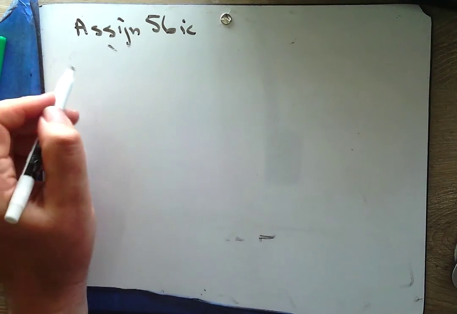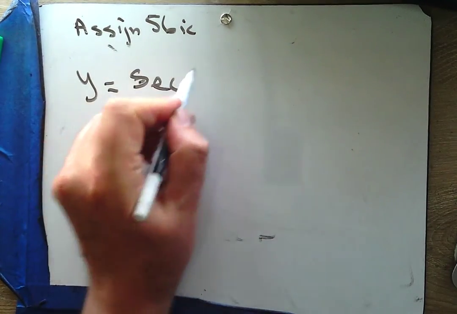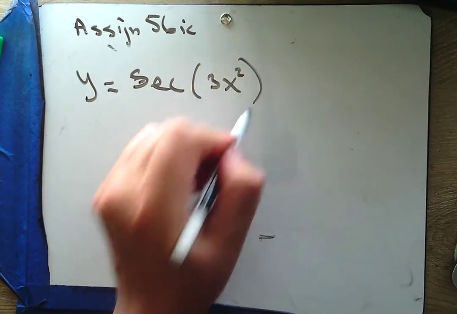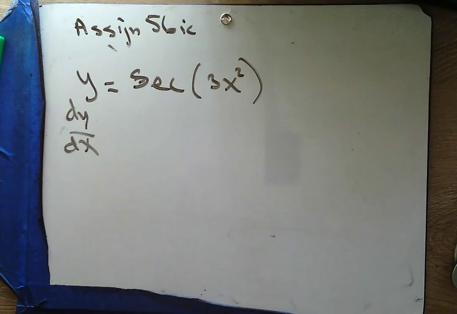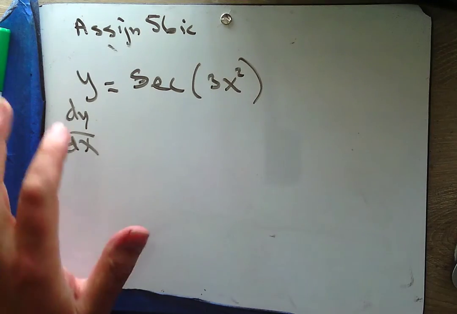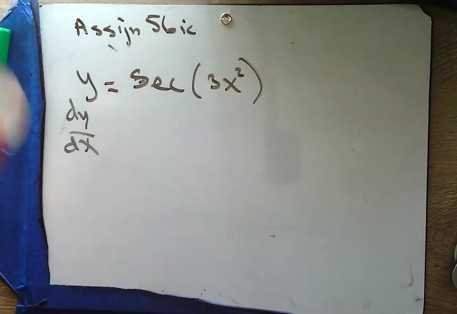How about y equals secant of 3x squared? Find dy dx. No looking. You should know the derivative of secant. Okay.